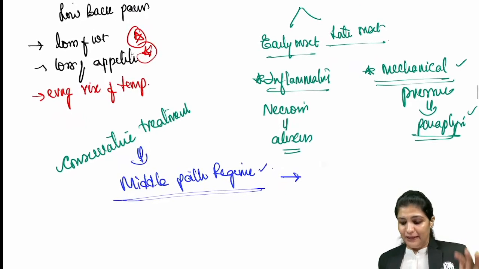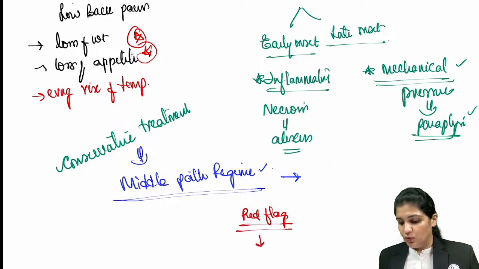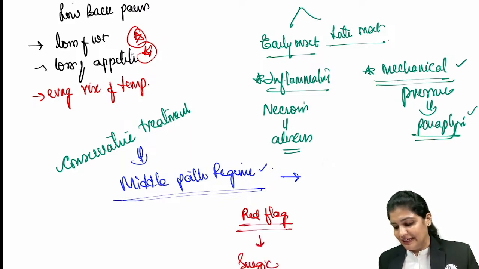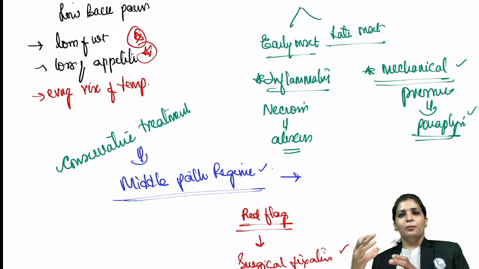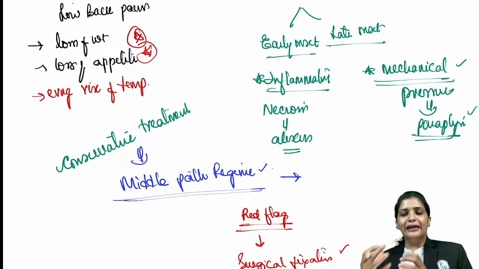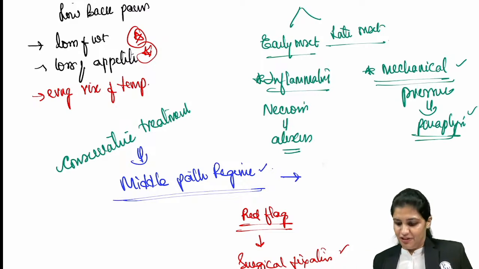So that is the middle path regime, and here are certain red flag signs which you have to observe. These red flag signs will go for what is called surgical fixation, right? So there are certain procedures which you do for the TB. Whenever there is a formation of abscess, if the abscess collection is very big, or if you want to remove that, you go for drainage of that abscess, or still you can follow with your middle path regime, right?